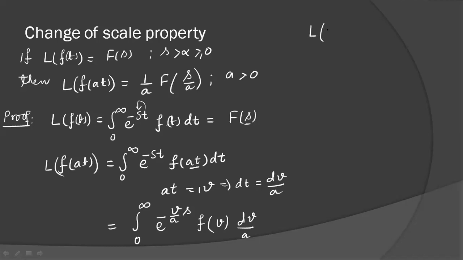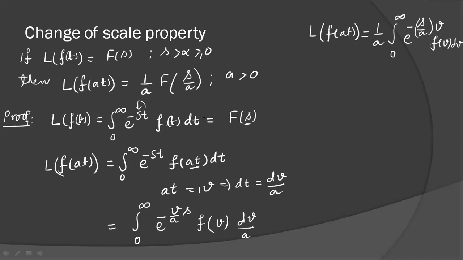Now Laplace of f(at) will be 1 over a, you can take it outside, times the integral from 0 to infinity of e to the power minus s over a into v, because the variable is v now, f(v) dv. See, s is positive, a is positive, because v belongs to 0 to infinity. That's why a must be positive here. Then only this integral will exist.